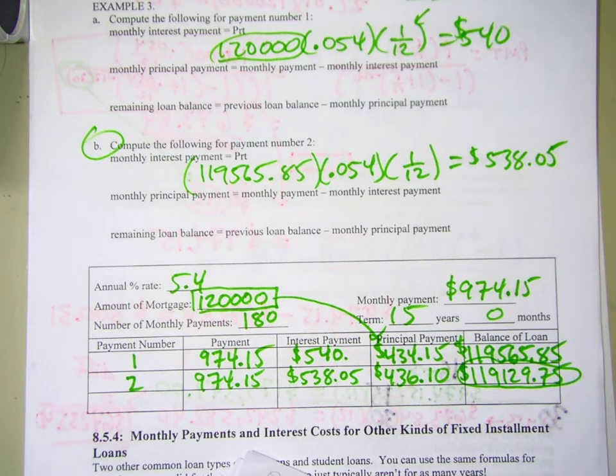And then you just keep going. Now you take this amount, multiply by 0.054 times 1 over 12, put that down there for the interest. This is now what you subtract from here to get that. Does that make sense? Yeah. Okay.